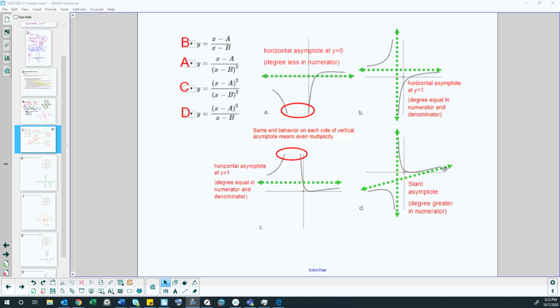This one has a slant asymptote, diagonal or oblique asymptote. There's different names for that, but basically it's all saying the same thing. It's slanted, and that comes from the fact that the degree in the numerator is larger than the degree in the denominator, and we'll learn more about that in section 3.